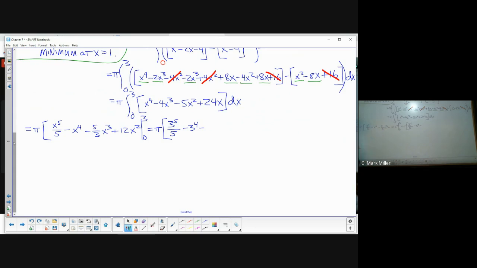Oh, this one's going to be even a little shorter. 5 over 3 times 3 to the 3rd. And then plus 12, 3 squared. And then with the fundamental theorem, you plug in 0, you get 0, so there's nothing to subtract off.